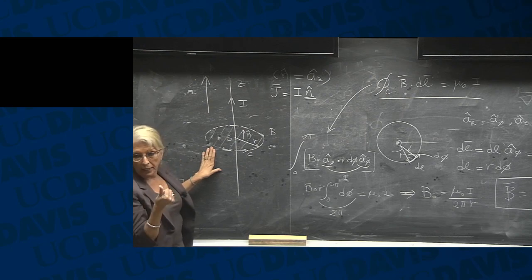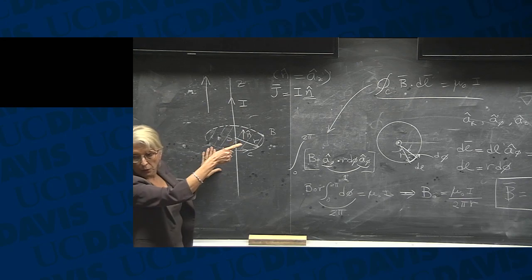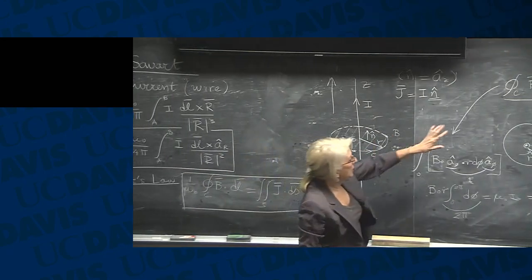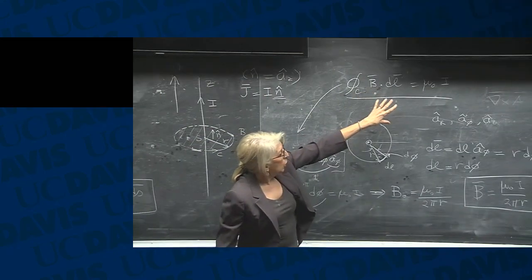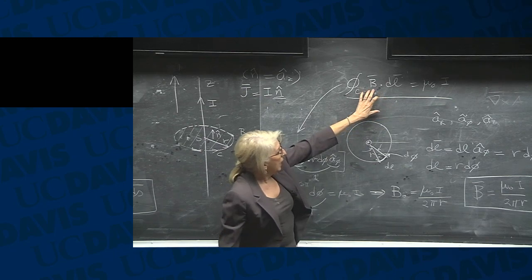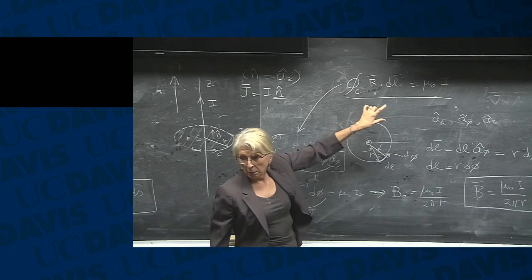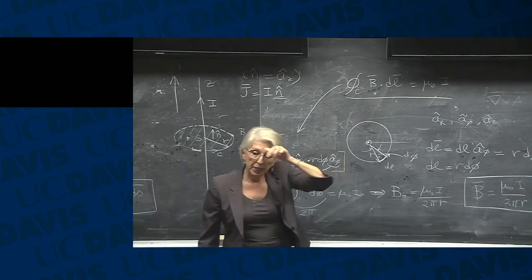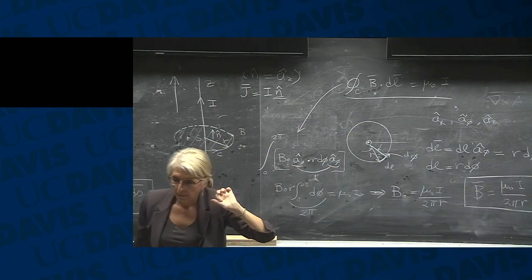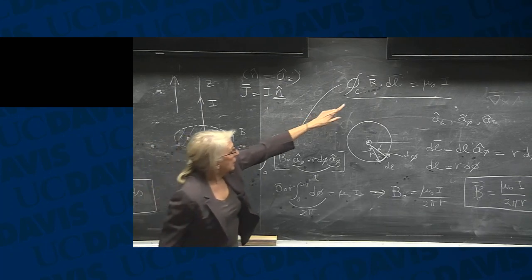It does not generate other components. That's what that tells you. Because if you had other components here, any contribution will go to 0, which means that your field does not generate other components. All right, so that's because of the inner product here.